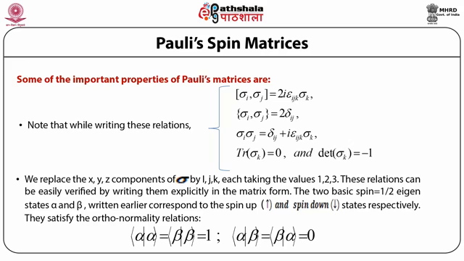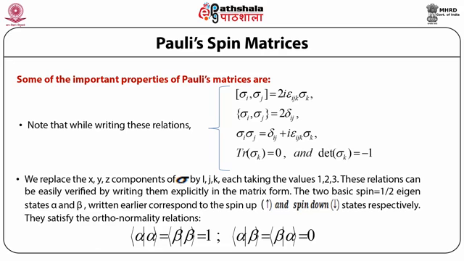Now we know that there are two basic spins. We know that the value of the spin is half, and the spin half will have two states, or in other words, it will have two eigenstates, alpha and beta, where alpha denotes the spin up and beta denotes the spin down state respectively.